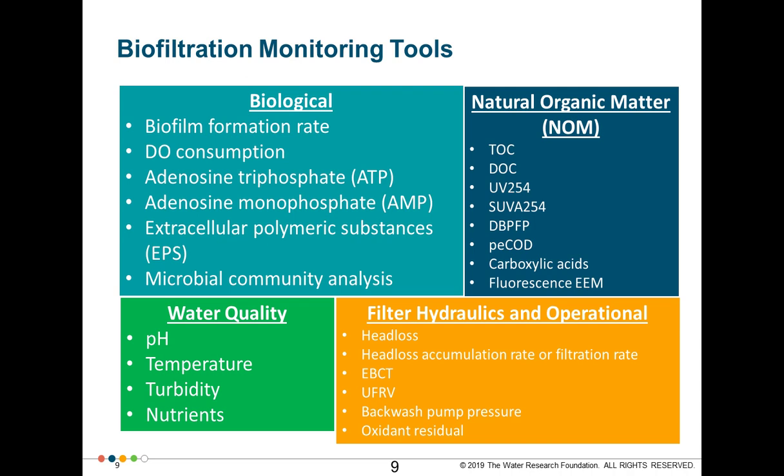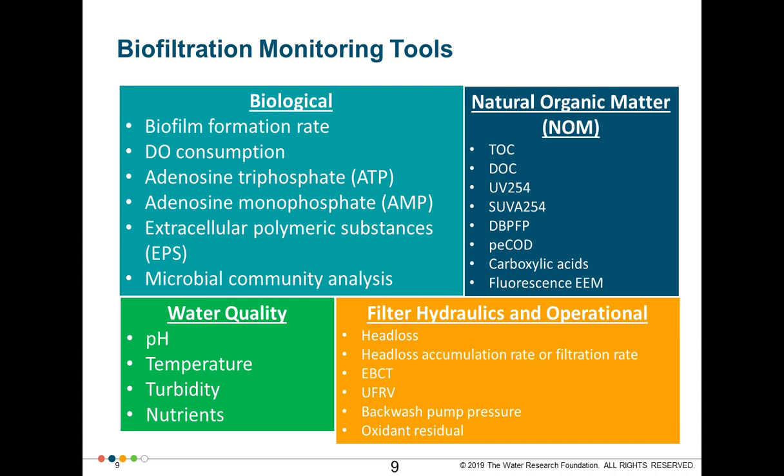The other tools that are shown here are for characterizing organic carbon, the natural organic matter, as well as water quality and filter hydraulics and operational parameters. These components are also very important for understanding the process. But the primary focus of today's talk is going to be on the biological tools.